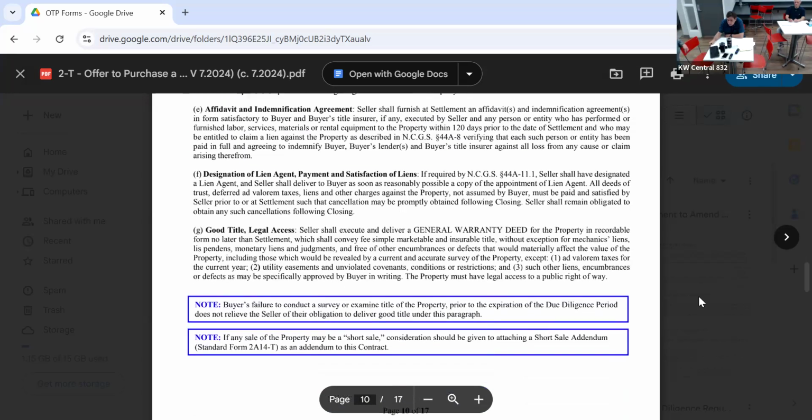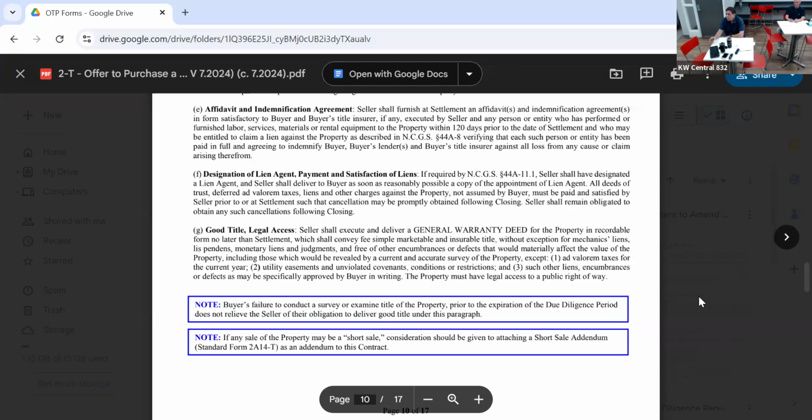So seller's going to execute and deliver a general warranty deed. Sometimes it may be a special warranty deed, depending on the property. If it's bank owned, it is going to be a special warranty deed.